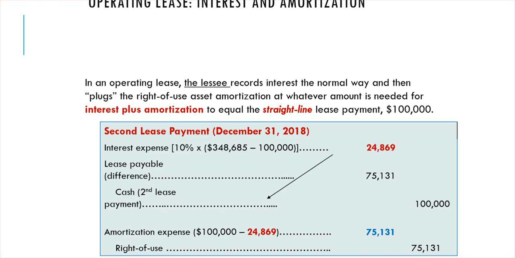You adjust it so that the total of those two is equal to the payment. So you can look at this and see how they've done the second journal entry so that you can add the interest expense amount here to the amortization expense, and when you add those two, and this is rent expense, it's equal to 100,000.